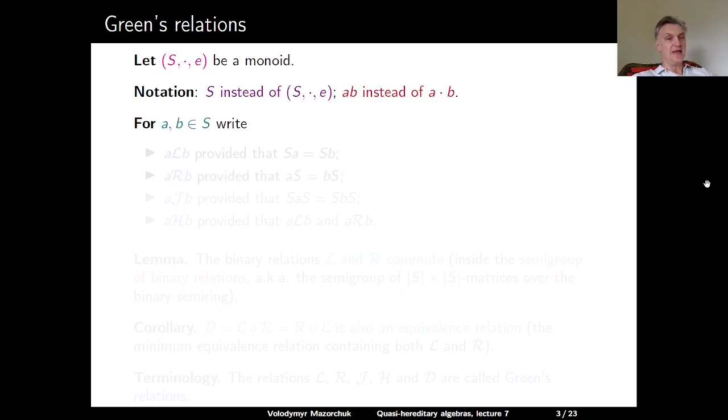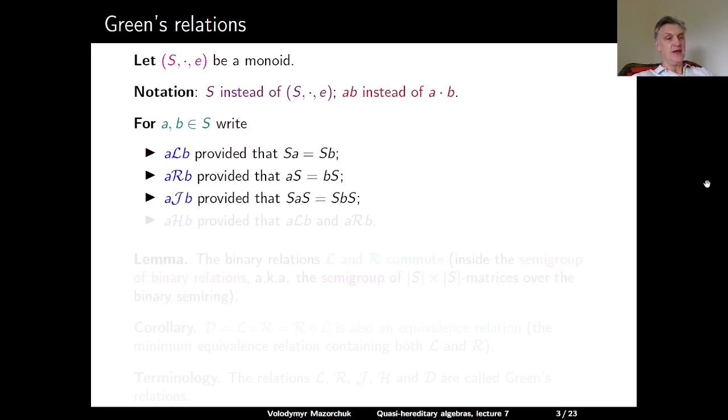For two elements A and B, we will write A, L, B, provided that the left ideals generated by A and B in S coincide. We will write A, R, B, provided that the right ideals generated by A and B in S coincide.